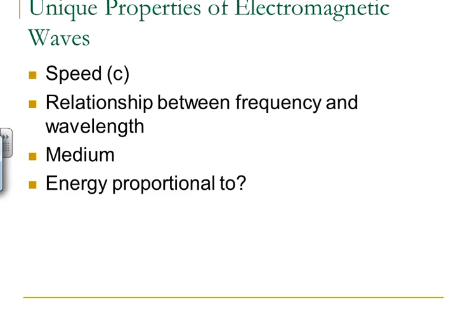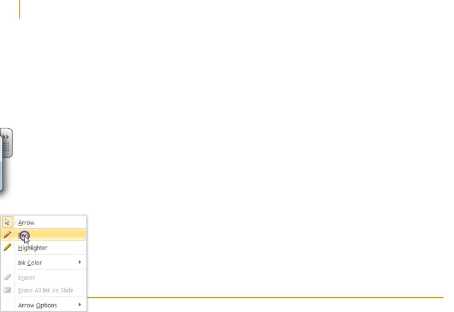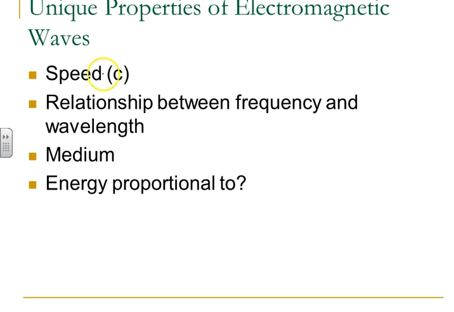So on this slide we've looked at some of the unique properties of electromagnetic radiation, and I'll just reiterate them here, because we're going to primarily be talking about electromagnetic waves. So first of all, the speed of electromagnetic waves, the speed of light.